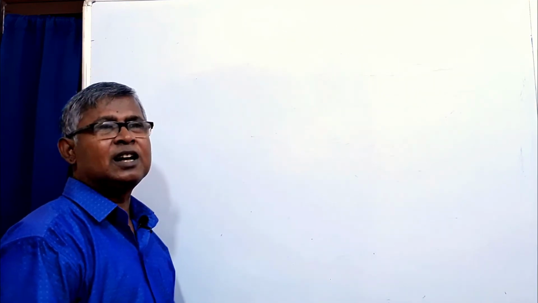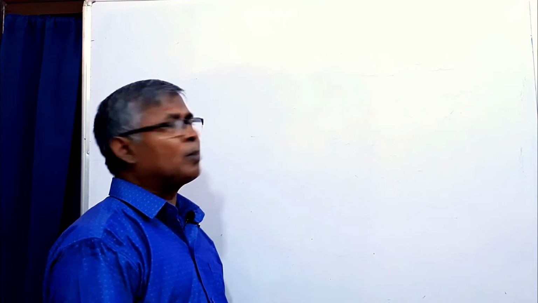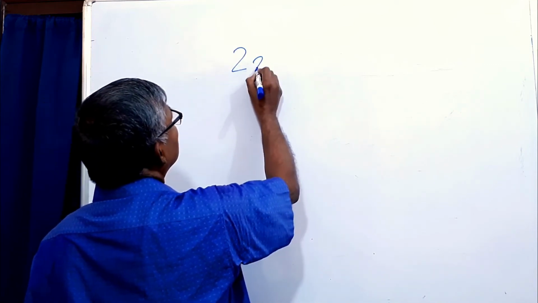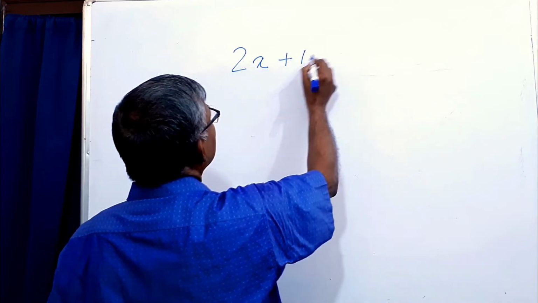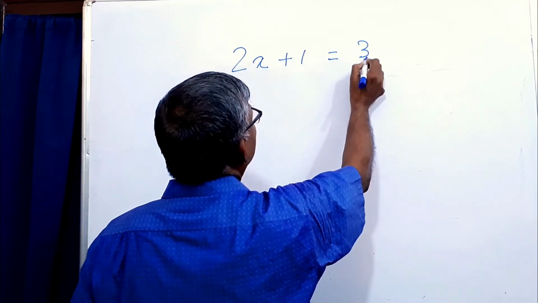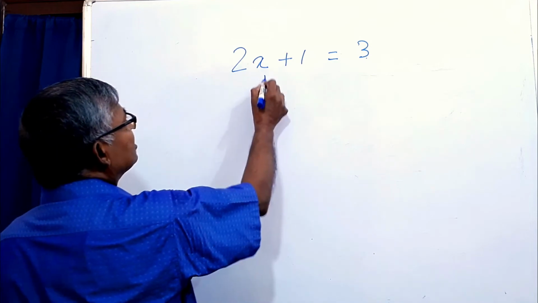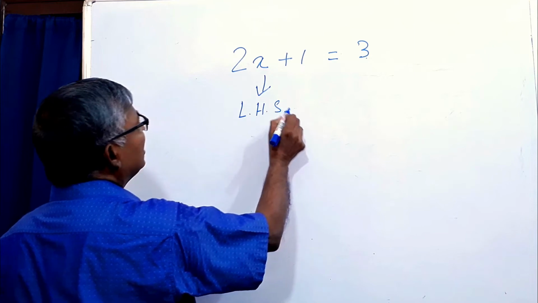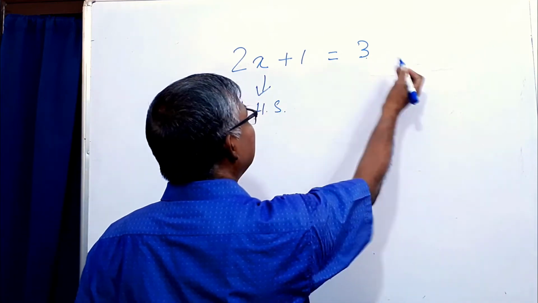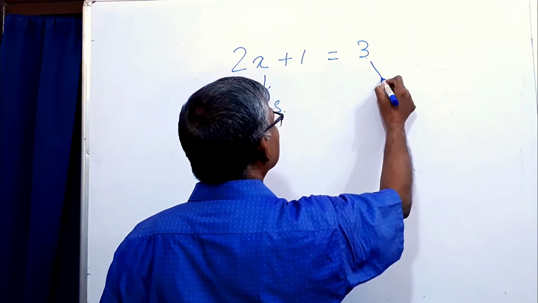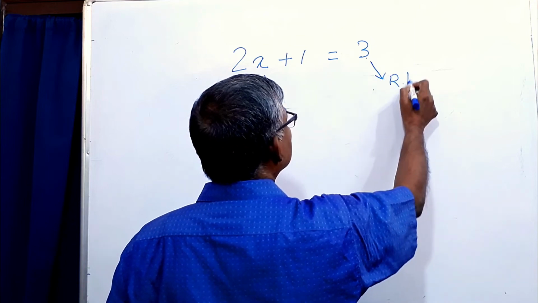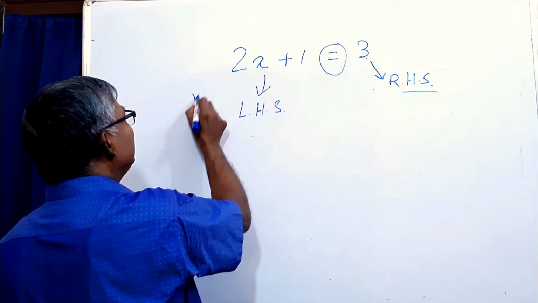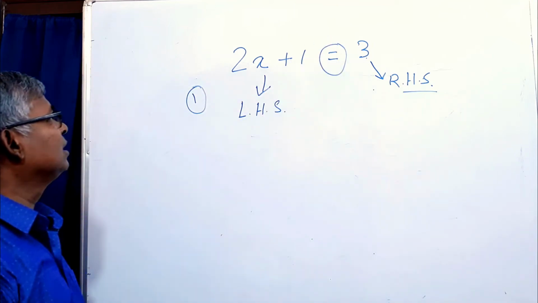Students, let us learn the terms of an equation. Suppose 2x plus 1 equals 3. Here this expression is called the left hand side, and the expression on the right hand side is called the right hand side, and an equality sign must be there. So it is the first condition of an equation.